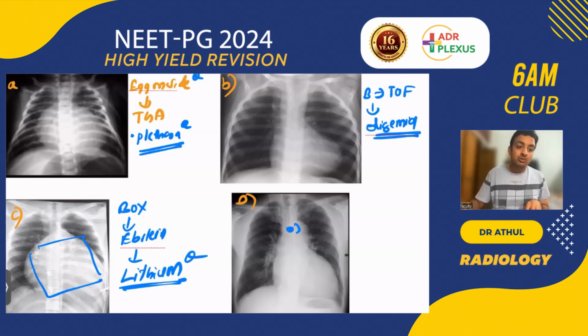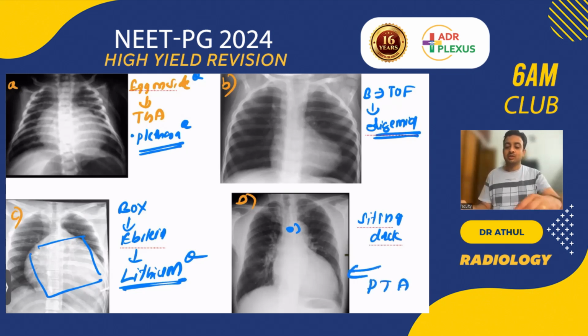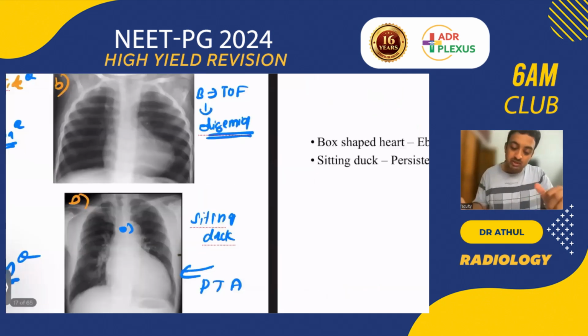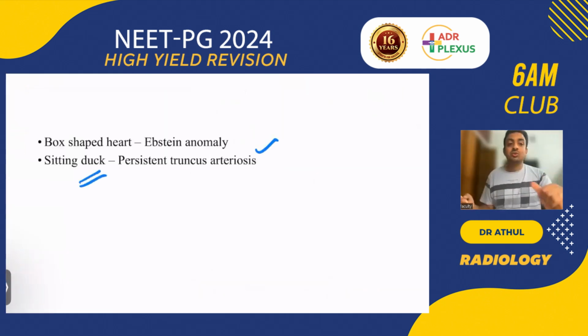Any duct you know? Excellent. Okay. This is sitting duct. Sitting duct is seen in persistent truncus arteriosus. So it is a duct, sitting duct, which is seen in persistent truncus arteriosus. So these are the points that you should remember when you are revising the cardiovascular system.